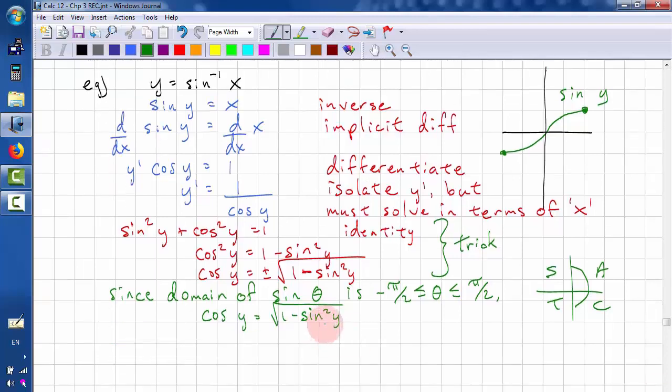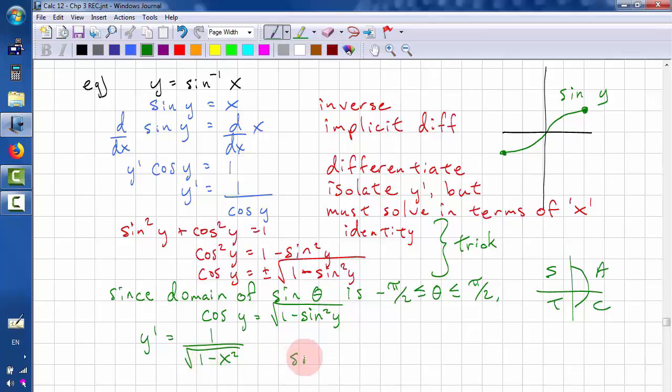Now, what is sine squared y? Well, sine y is x. So this must be 1 minus x squared. So y prime equals 1 over the square root of 1 minus x squared.